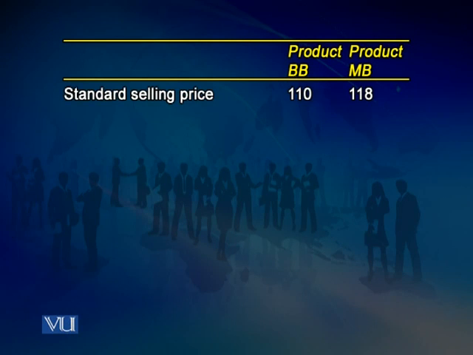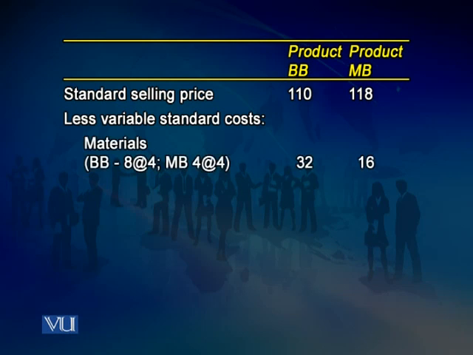Selling prices are 110 and 118, less the variable standard costs. Materials. BB materials are 8 units at 4. So the price of material is 4. 8 units are required. 32 is the cost per unit of materials in BB.